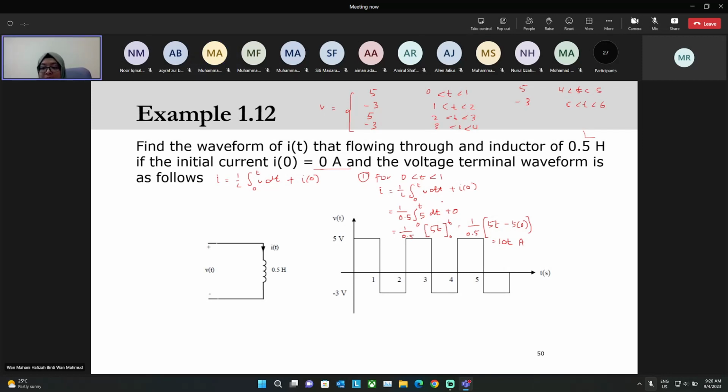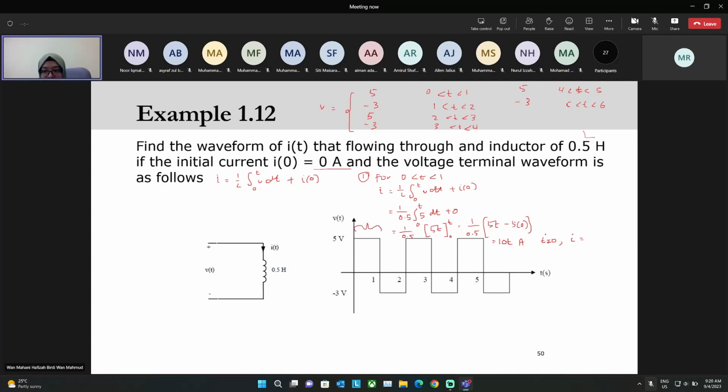Okay. So, untuk kes ini, apa yang you perlu buat next adalah, in order for you to go to the next part, ingat kita perlukan value I pada masa 1 lah. So, in this case, kita cari dulu. Pada masa T kosong, I dia berapa? Ini I 10T untuk this part.